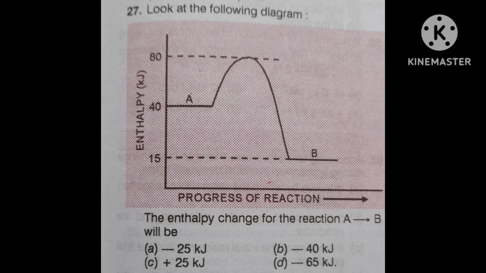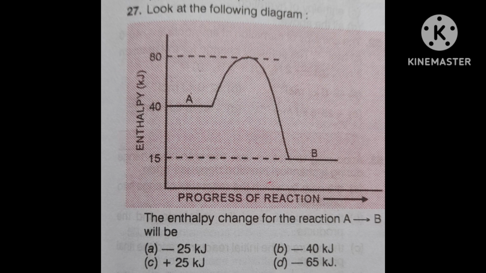Just this you can answer within 15 seconds. Quickly you can answer. Just think. After that I will give the answer and explanation. Its correct answer is minus 25 kilojoule. Correct?